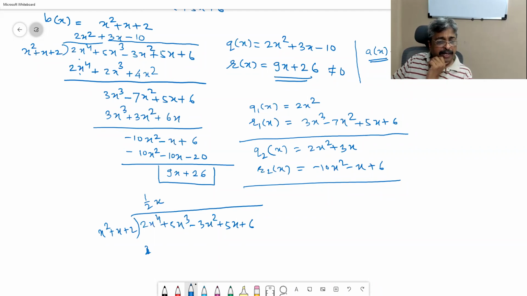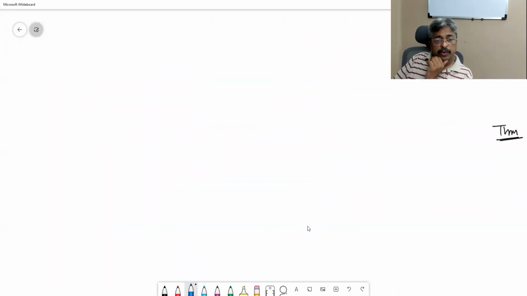If I write half x as my quotient, then what is my multiplication here? Half x cube plus half x square plus x. I have to subtract from them, and hence I will get 2x raised to 4, 5 minus half is 4.5, minus plus 9 by 2, plus 9 by 2.